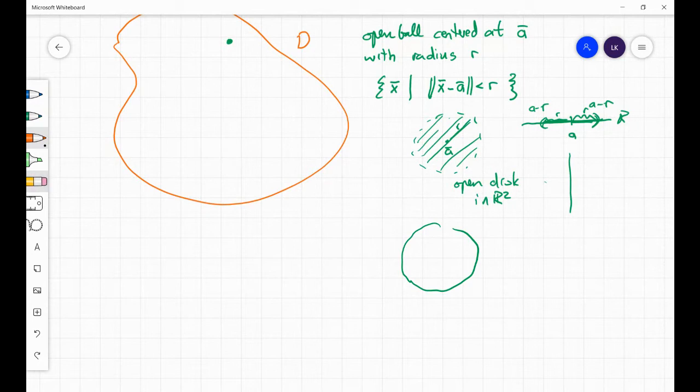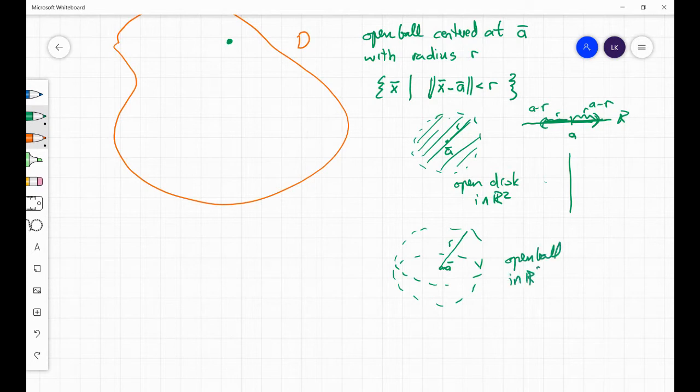In R3, instead of a disk, you would get an open ball. A is the center and the radius of the sphere is R, but that would be an open ball. In higher dimensions, we just call these open balls.